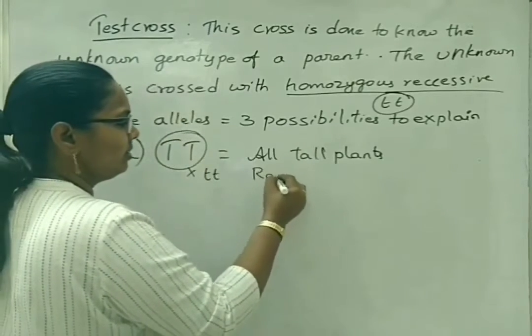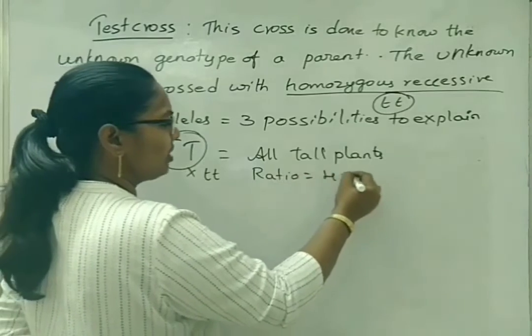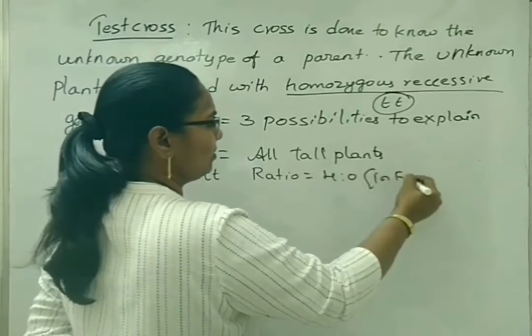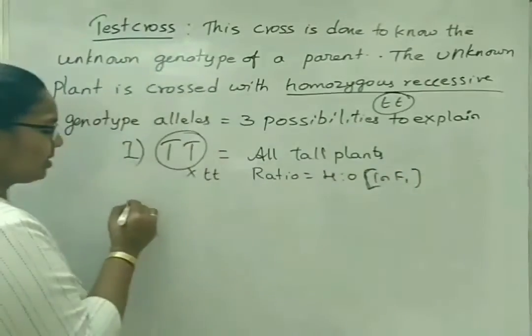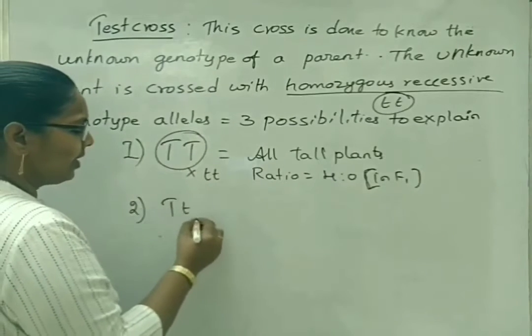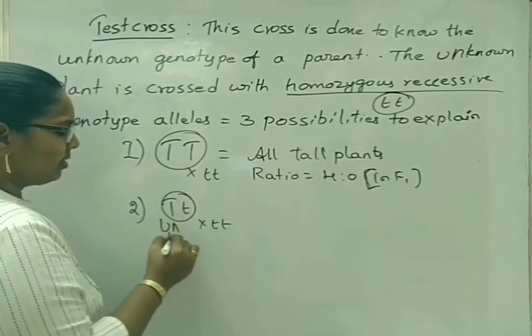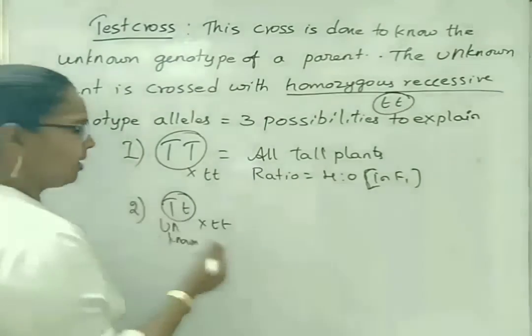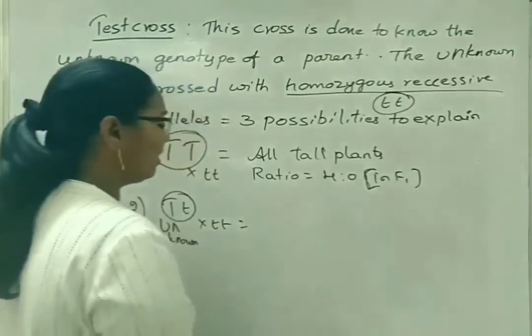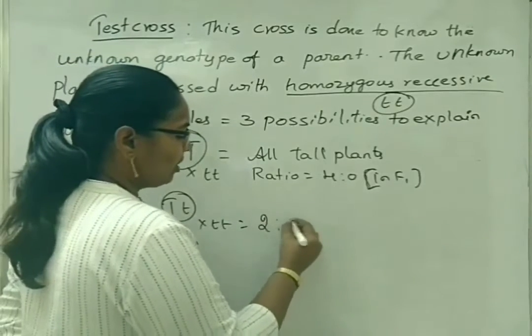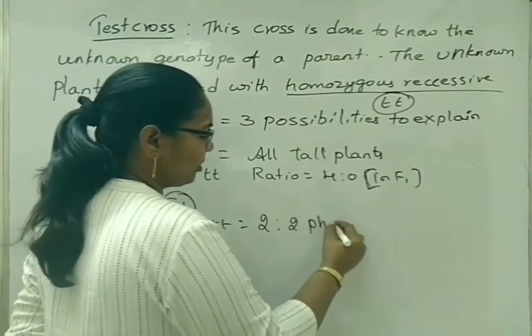So here the ratio is 4:0 in F1. Second possibility, when we have seen the unknown crossed with, we have to consider this as unknown, which I circled, the different types of genotypes or alleles. Here we have got a 2:2 phenotypic ratio in F1.